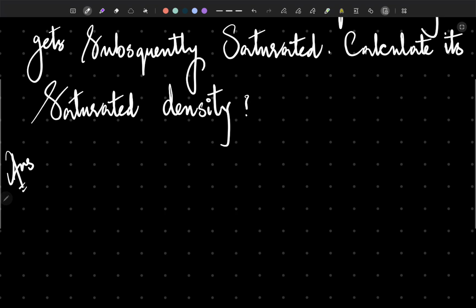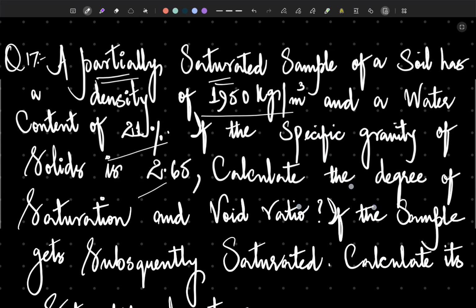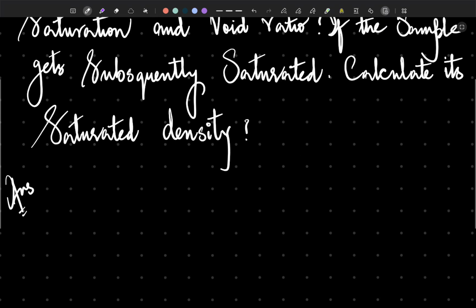Alright, the data as given in the question is, a partially saturated sample of a soil has a density of 1950 kgs per cubic meter. That is the bulk density, because soil is partially saturated.